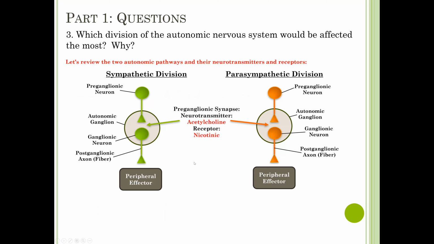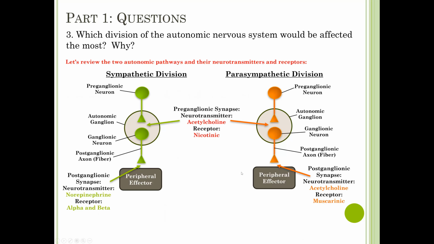However, at the second synapse, the one between the postganglionic neuron and the peripheral effector, we have a difference. In the sympathetic division, the postganglionic synapse uses the neurotransmitter norepinephrine, and the receptors on the postsynaptic membrane of the peripheral effector are going to be alpha and beta receptors. In the parasympathetic division, at the postganglionic synapse, we're going to use acetylcholine again, but this time the receptors on the postsynaptic membrane are muscarinic receptors.